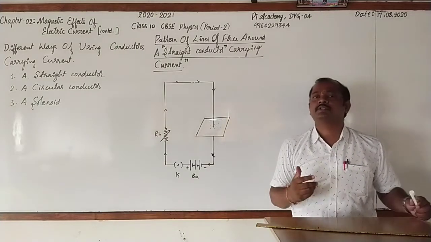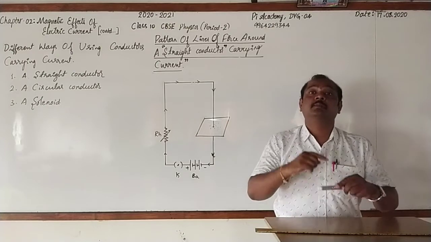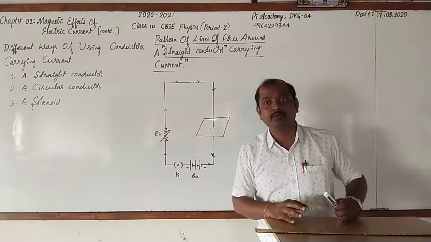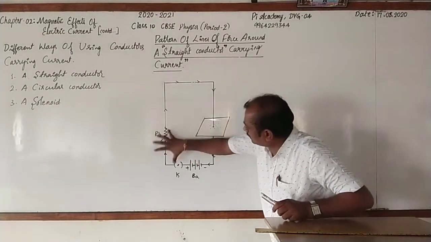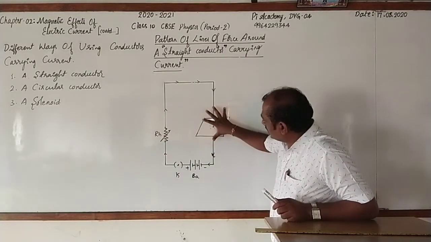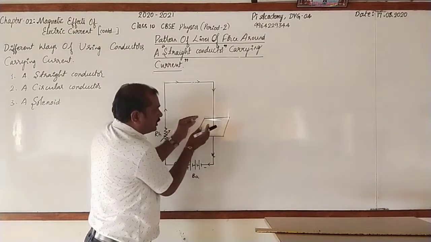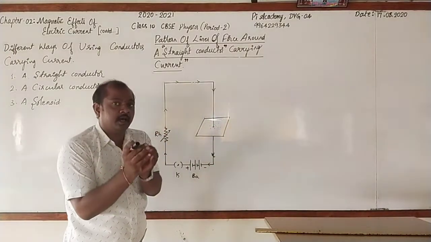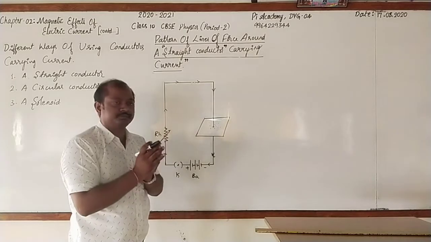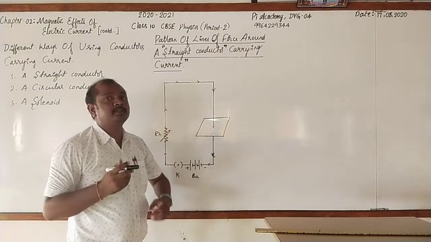Dear students, we have learned that when the current flows through the conductor, a magnetic field is developed around it. Now see that here a magnetic field is developed around this wire, and you just take only this part. As the magnetic field is developed, the iron filings are under the influence of the magnetic field developed around the wire. What happens?